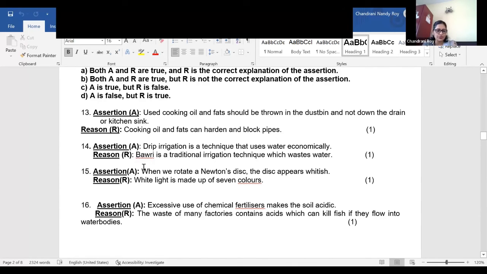So Boweries are used as irrigation technique. So this is again another water harvesting method. So children should be able to read properly. We should give them the inputs that they are required to go through every word.